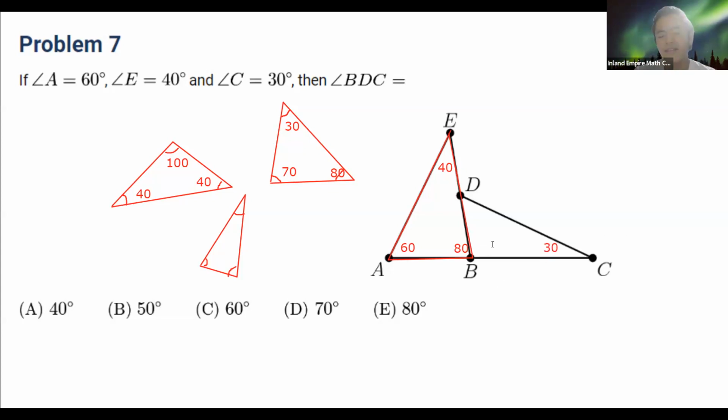But then if this angle here to the left is 80 degrees, then the angle to the right of it must be 100, right? And if this doesn't make sense, think about it like this. When you have a perpendicular angle like this, you have 90 degrees, right? This here is 90 degrees.